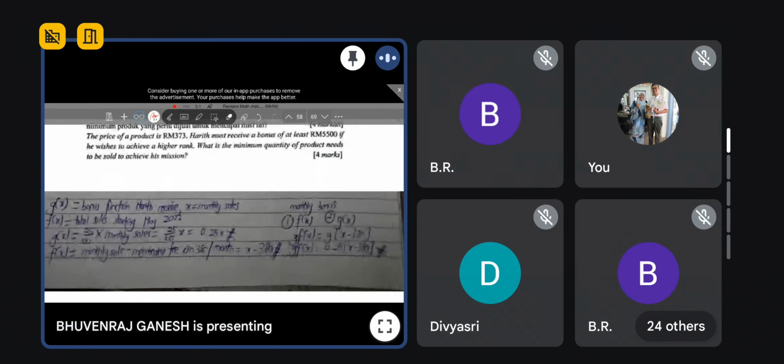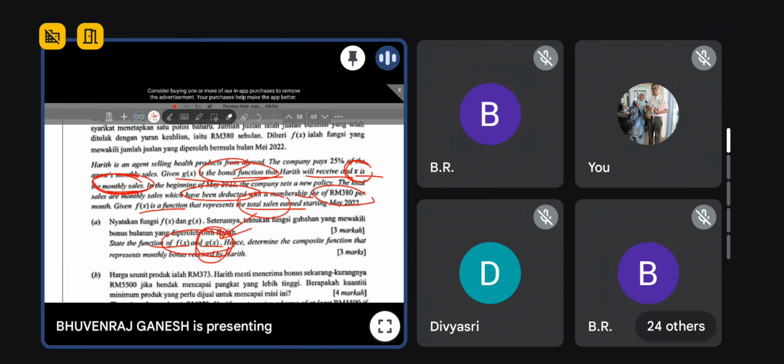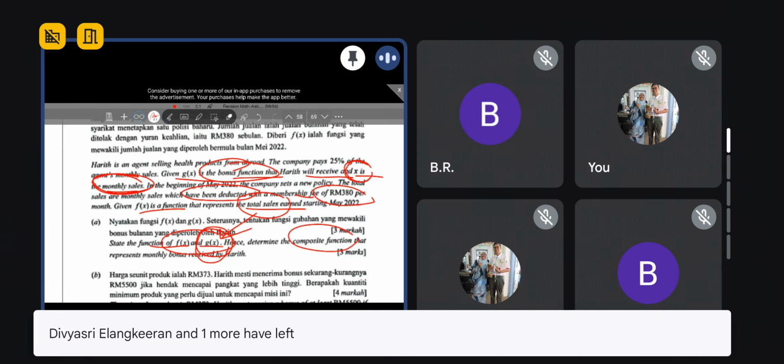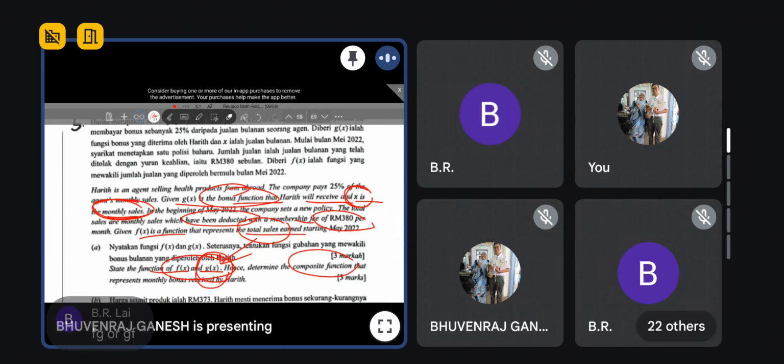For A and B. Okay, so now for the second part, they ask you to determine the composite function. Okay, so guys, composite function. So based on this situation, you have to think logic a bit. Kamu kena fikir logic sekarang. Mana akan datang dulu? Yes, that's the question. F or G come first based on this situation.